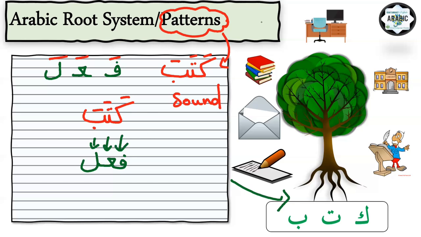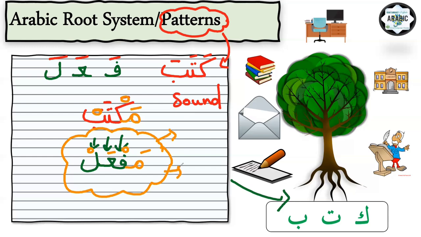If I happen to have a word that has an additional sound, like ma, as in maktab, the letters of the pattern do not change, and I'm sounding the word as maf'al.